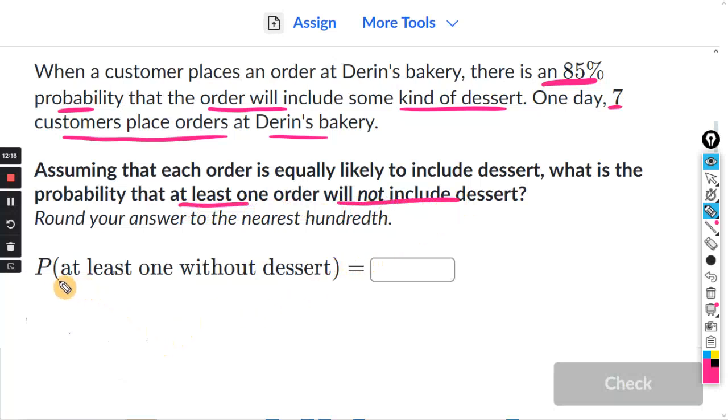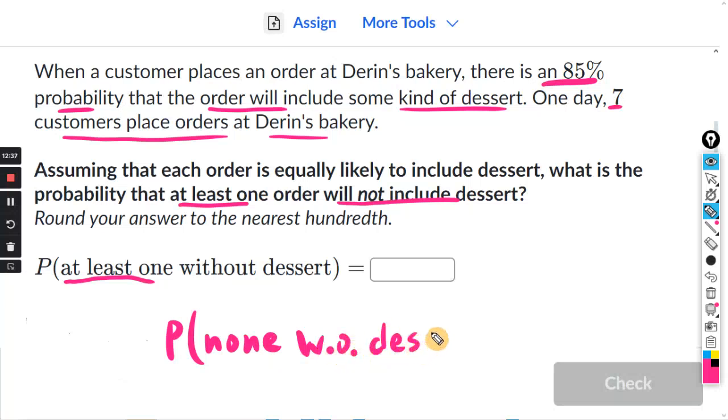Okay, so as we've been saying, the opposite of at least one is the probability of none. So the opposite of at least one without dessert is going to be none without dessert. All right, and since that's the complement, it's going to be 1 minus that probability.